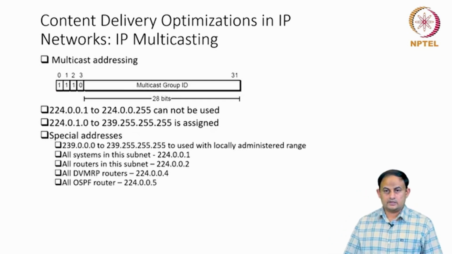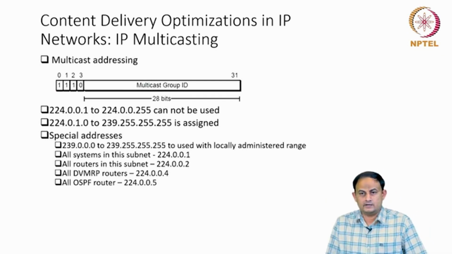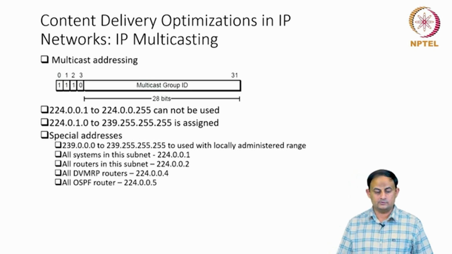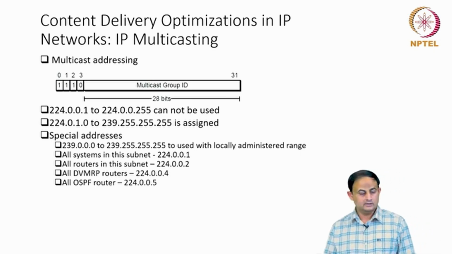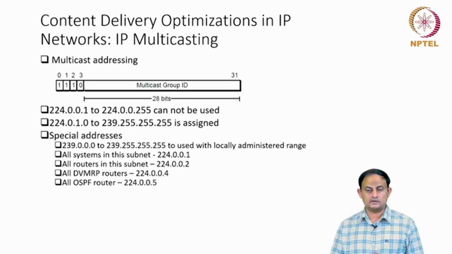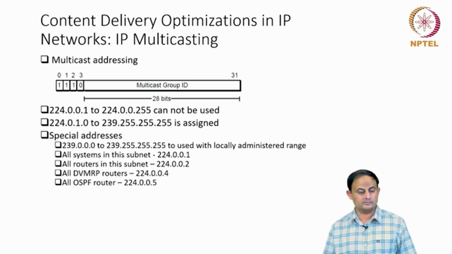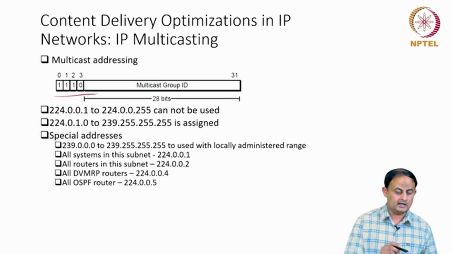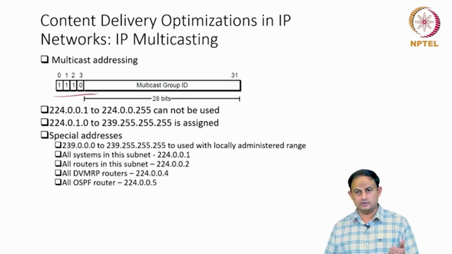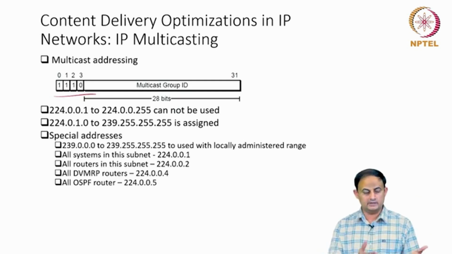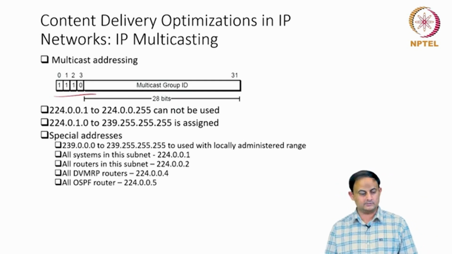There are a bunch of IP addresses that are reserved and used for this particular purpose. This is called IP multicasting. The class D address is reserved for this purpose. Whoever is part of that multicasting group needs to use this particular series of IP addresses.